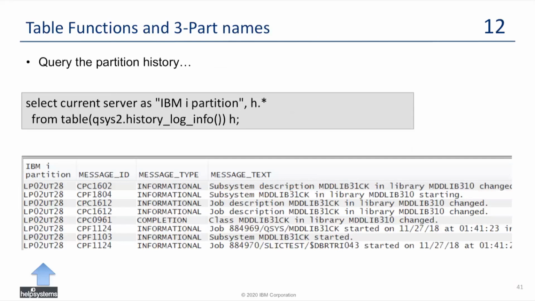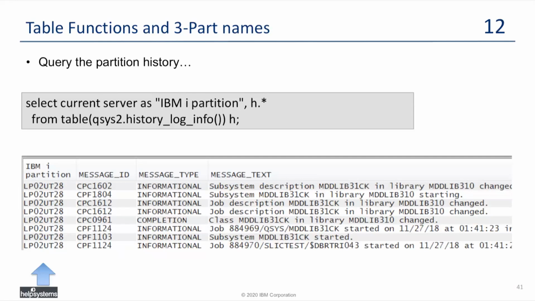Table functions and three-part names. This is where we can start to use this hybrid technology of three-part and remote database access with IBMI services. IBMI services are alternatives to the tried and true IBMI CL commands and APIs. History log info is an example of that.